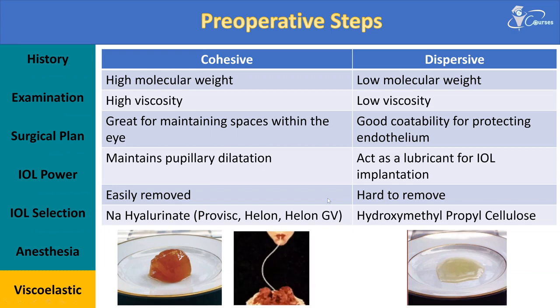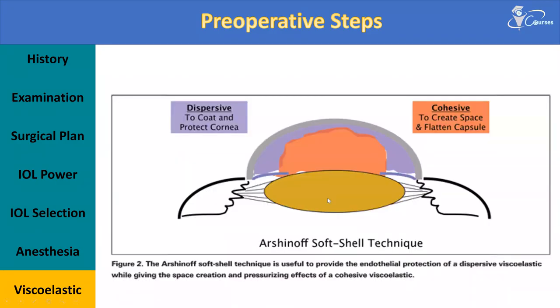There is also a technique that utilizes both kinds of viscoelastics. It's called the Arshinoff soft shell technique. It is a technique to provide protection of the endothelium and also creation and maintenance of spaces.